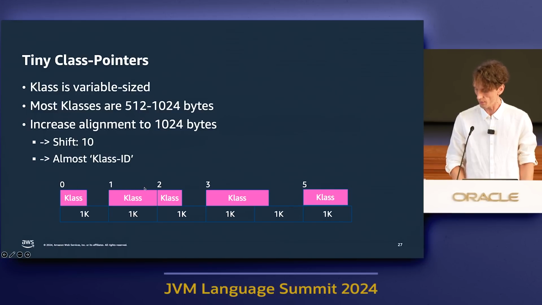The classes are allocated aligned to 1 kilobyte blocks, and we get almost a class ID for this. There may be cases where we have a class structure that is a bit larger, but it's not a big deal. We are losing just one value here, and it's very rare.